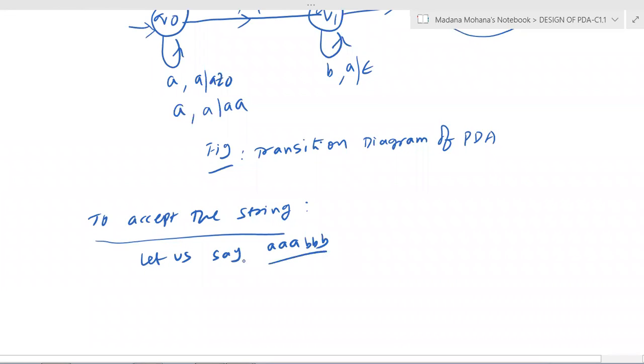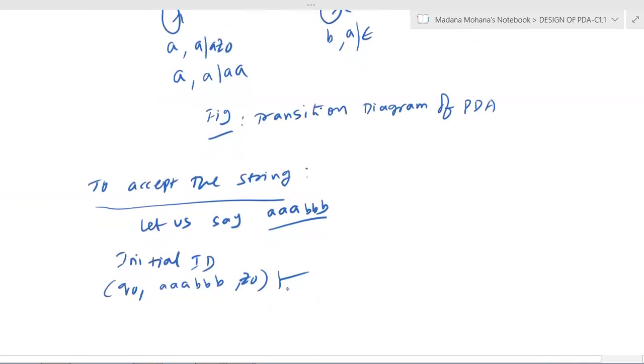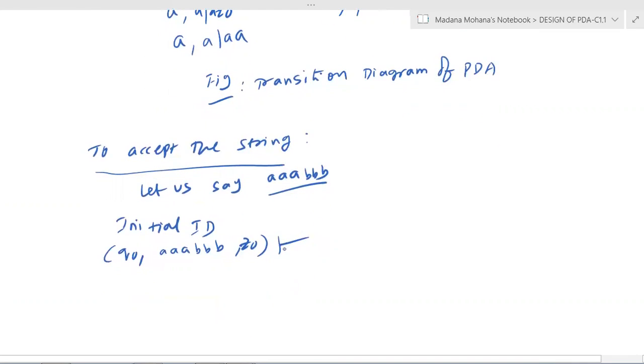Now the sequence of moves made by the PDA for this string are given below. First, you take the initial configuration, that is the instantaneous description. You take Q0 followed by the given string as it is, then take the initial symbol of the stack. Then one move to the next move is separated by using this pipe symbol in the ID.